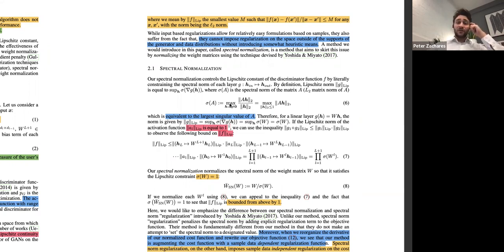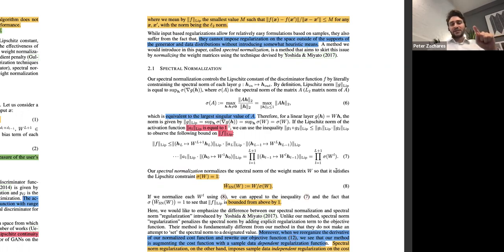And so if you want to normalize it so it has an upper bounded Lipschitz continuity, then you calculate its largest singular value and you divide the weight matrix by it. So sigma of A is the spectral norm, and that is its largest singular value. This is what they do to bound the largest singular value of a weight matrix to, in this case, 1.